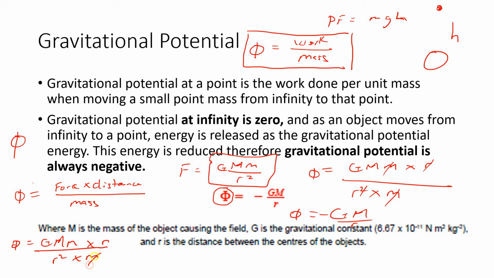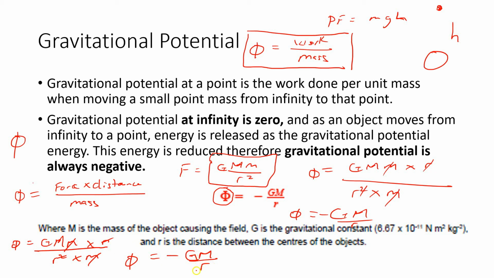What we can see, this m, which is the mass of the object that is moving towards the surface, those two masses would have been cancelled out. Good. One of my R is going to cancel out, just leaving me with this thing to say that my gravitational potential is equal to minus G times M divided by R.